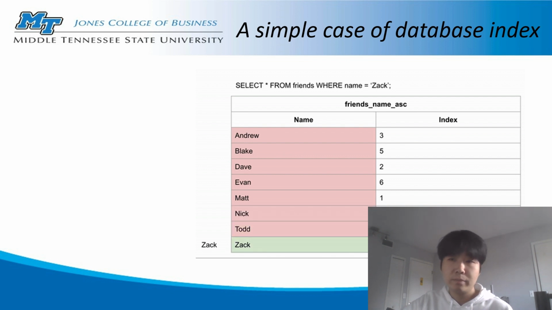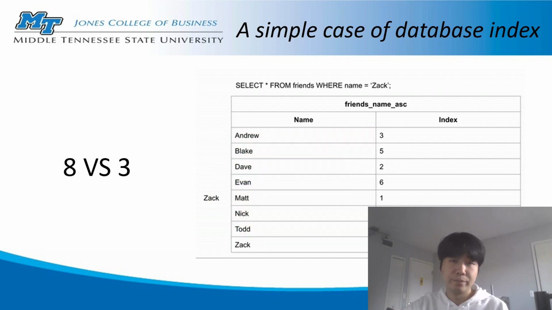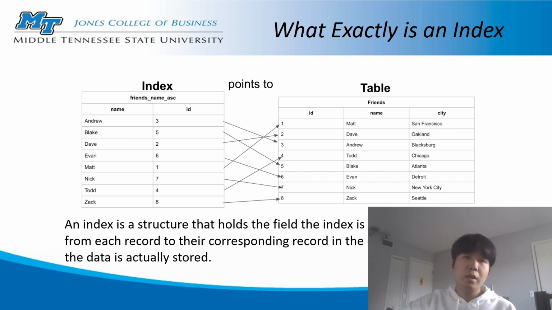We could then halve the remaining rows and make the same comparison. It took 3 comparisons to find the right answer instead of 8 in the unindexed data.